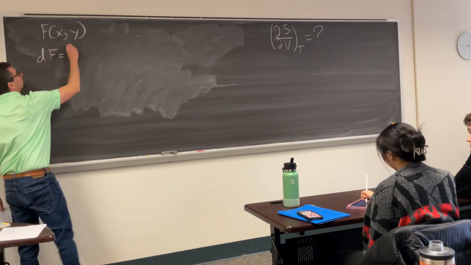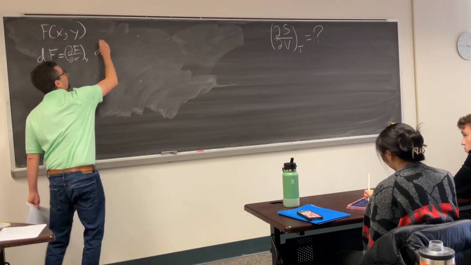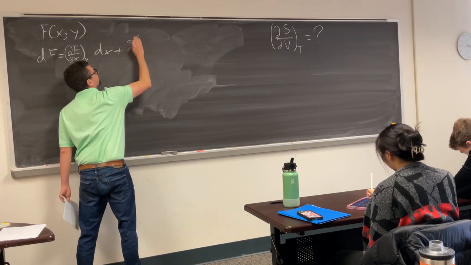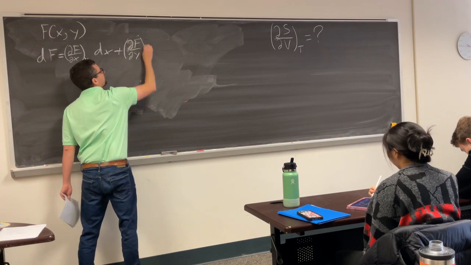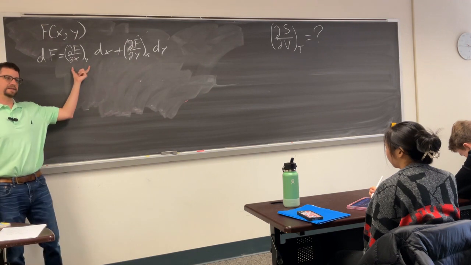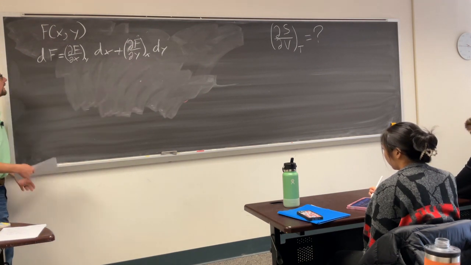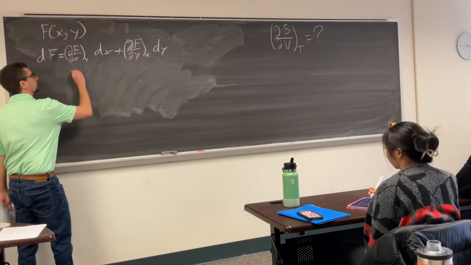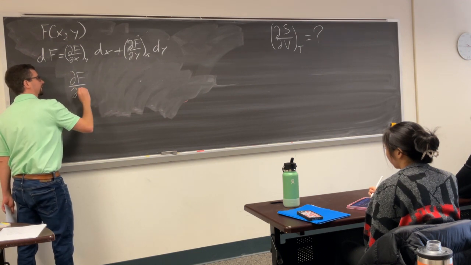Yep. So basically, we're changing x in this portion, and we change y in this portion. Okay. Now, to show that this is an exact differential, we have to find a relationship between these two things.